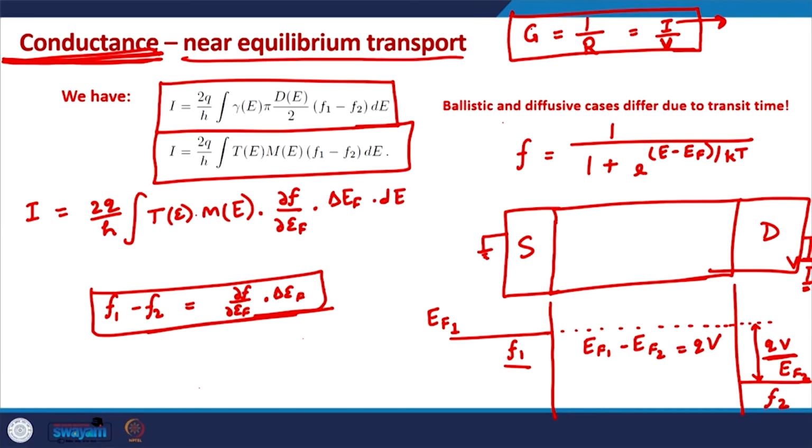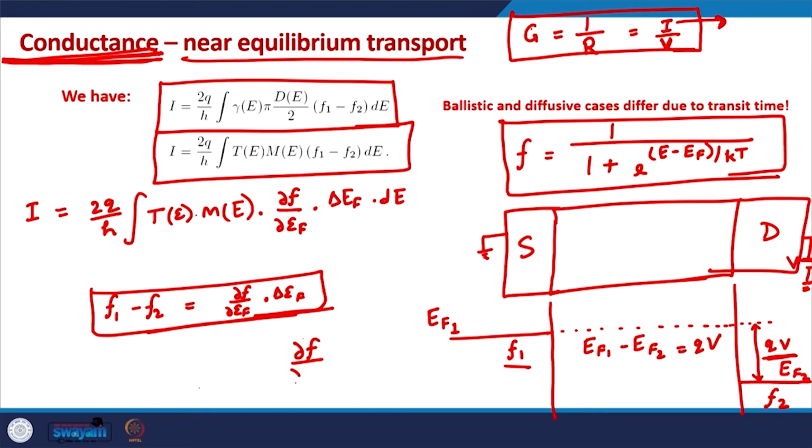And if we look at this form of the Fermi function, we can easily see from here that del F by del EF is equal to minus del F by del E. So, if we take the derivative of the Fermi function with respect to E and with respect to EF, there will be only a difference of negative sign.